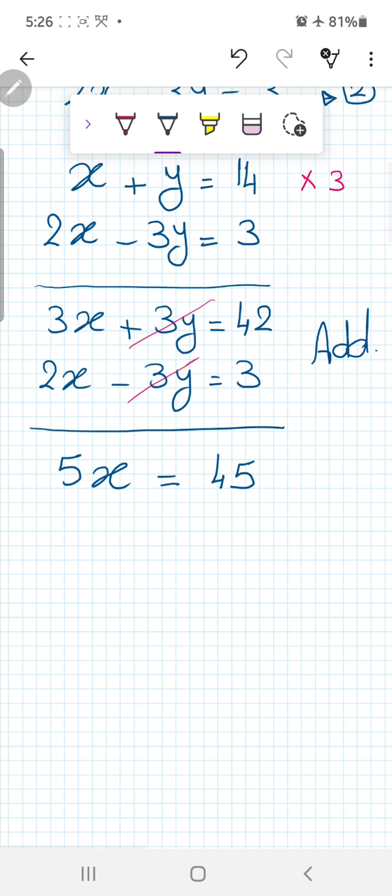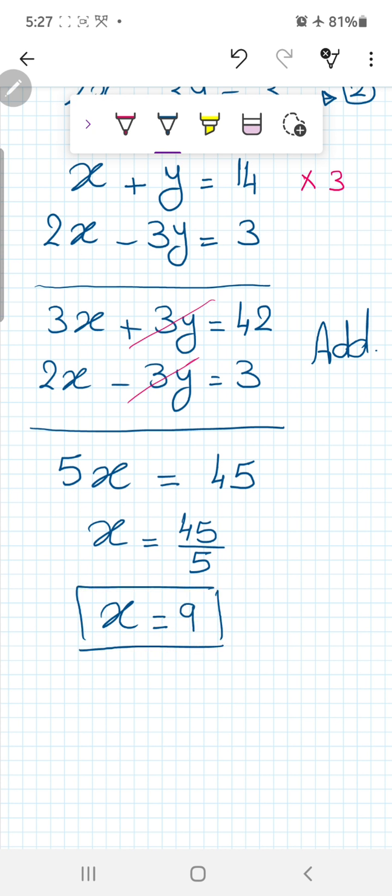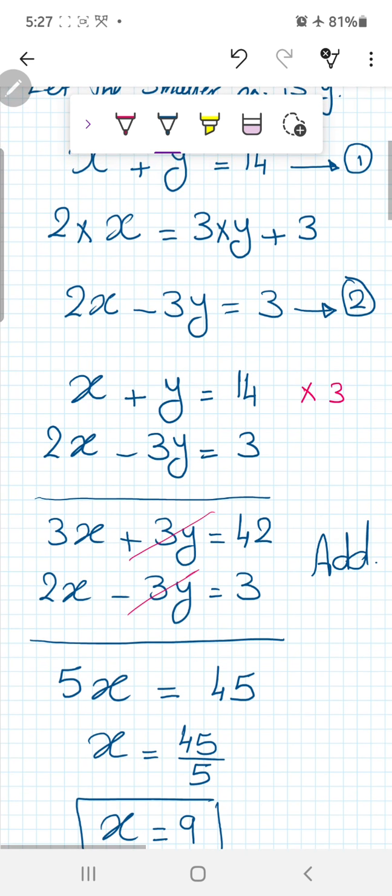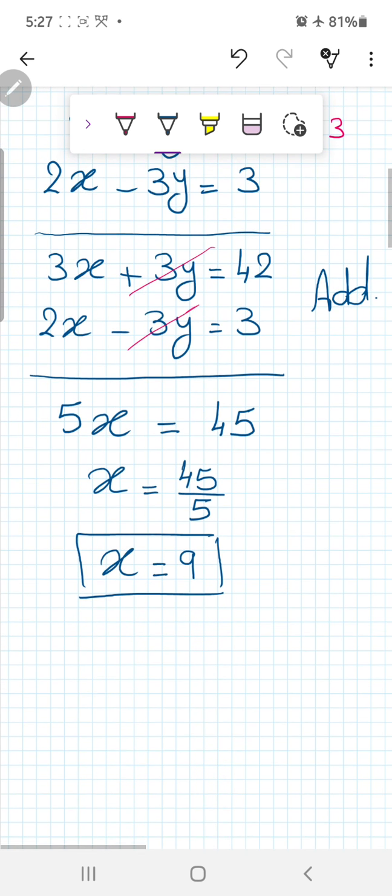We want to get the unknown, which is x. So move 5 to the other side by dividing, so x equals 45 divided by 5, which means x equals 9. We get x. How to get y? By substitution in any equation, 1 or 2.